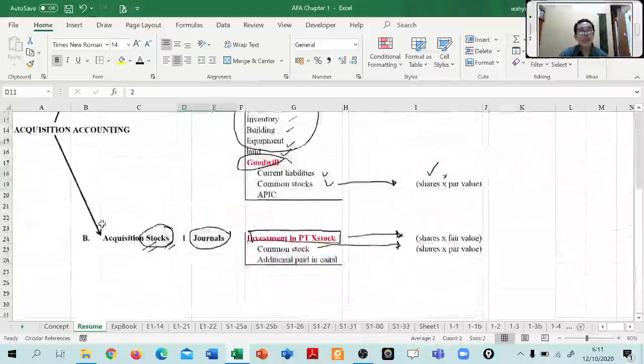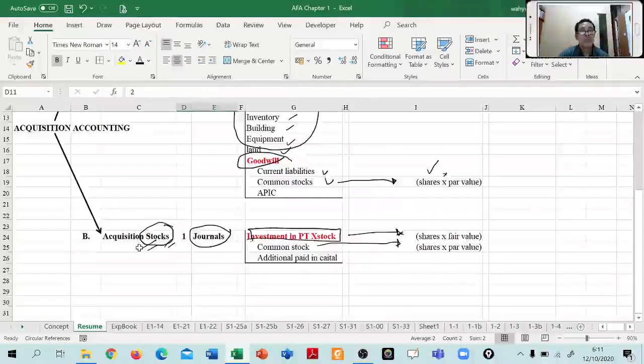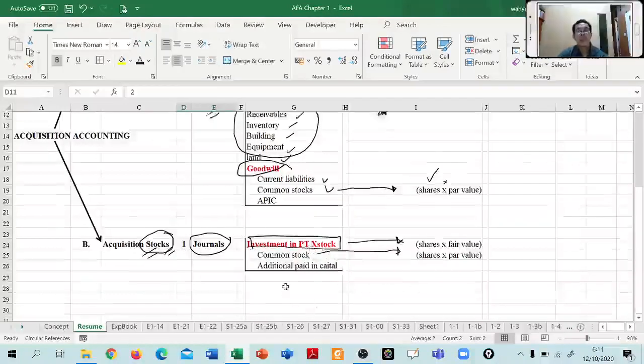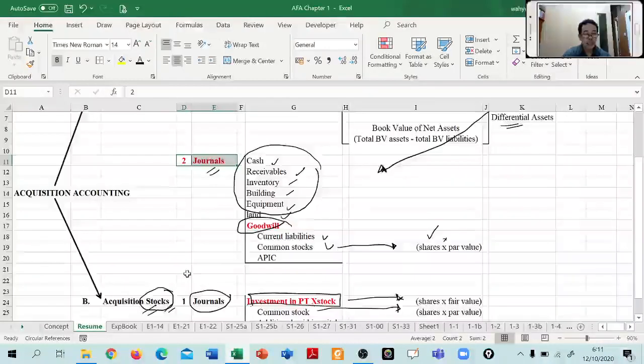And if we meet a stock acquisition, we only make a journal entry, and don't forget the account is investment in PT stock. Okay, thank you very much, and I hope that you understand. Thank you, and assalamualaikum warahmatullahi wabarakatuh.